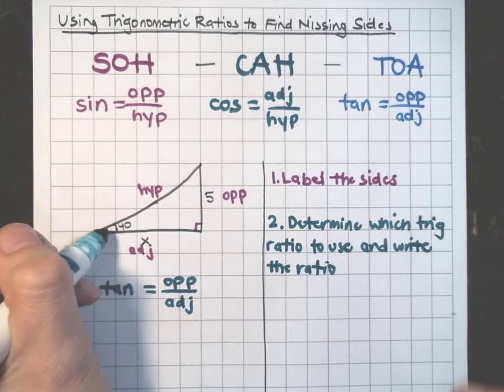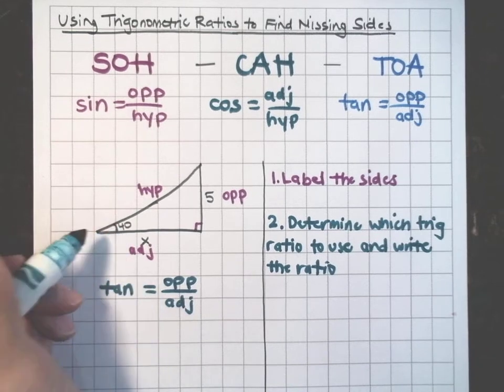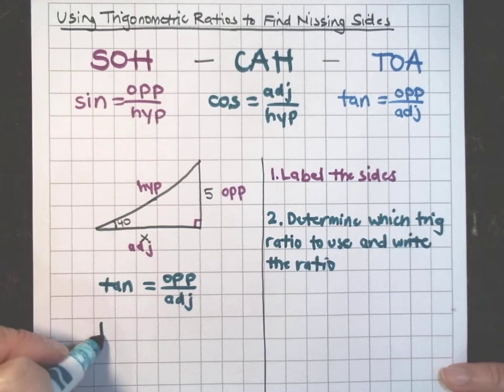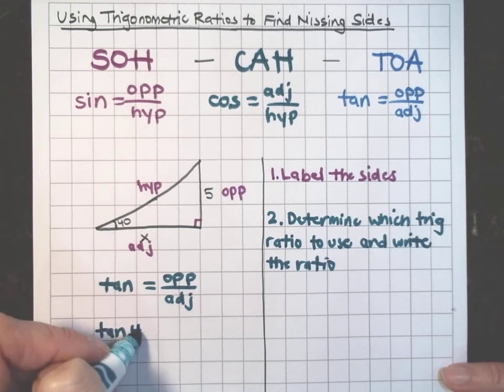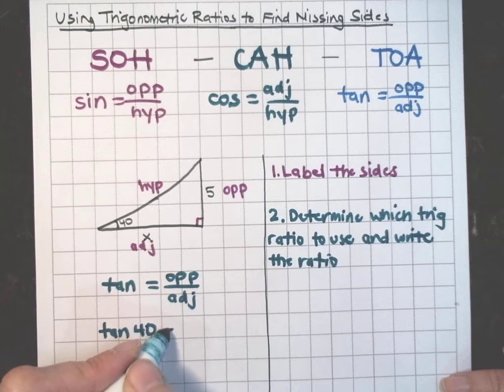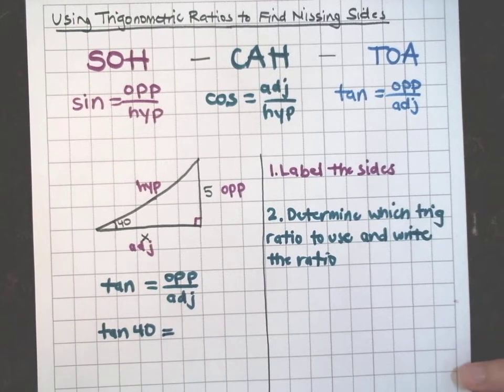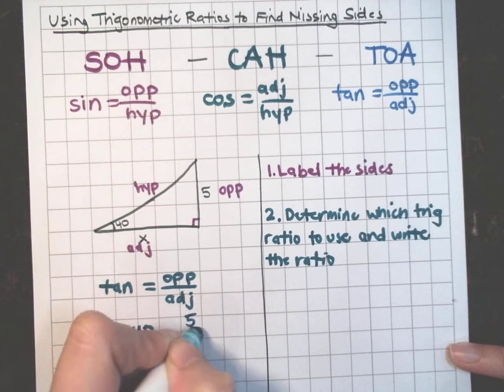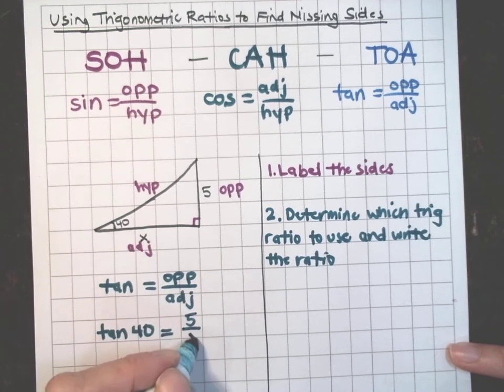And so in this case, our angle is 40. So we need to write the tangent of 40 equals the opposite side, which is 5, divided by the adjacent side, which is x.